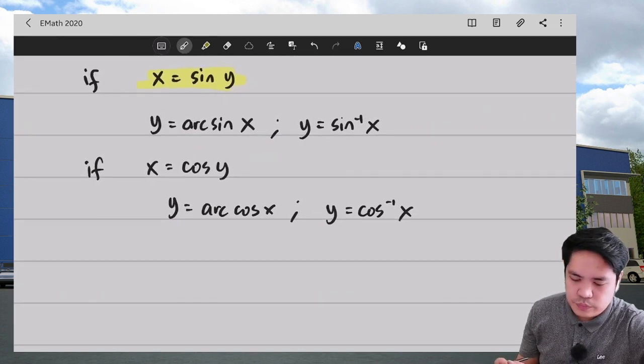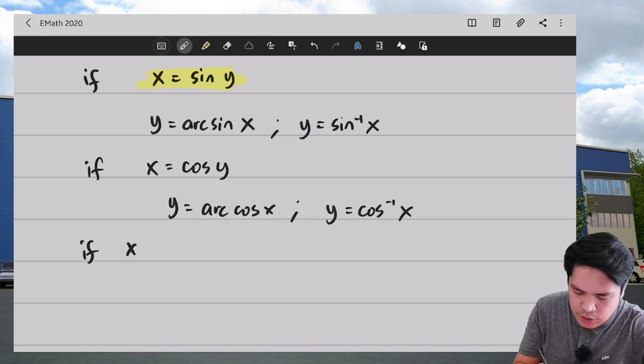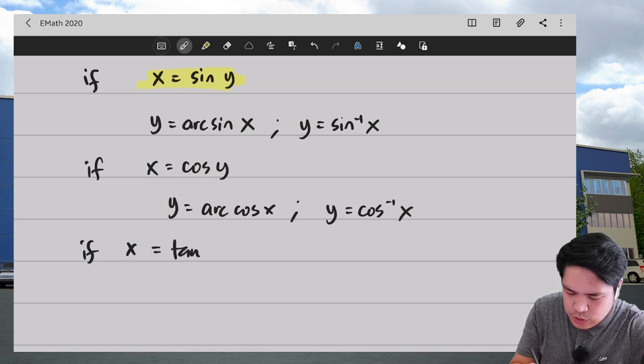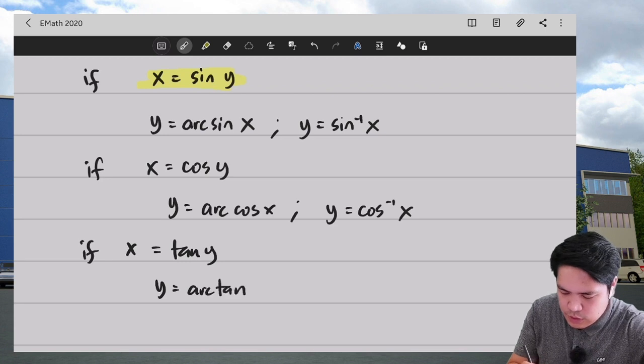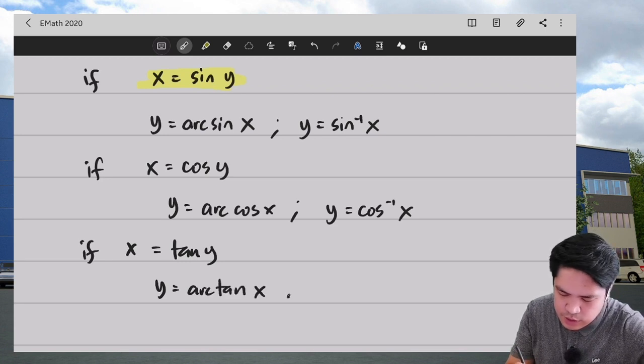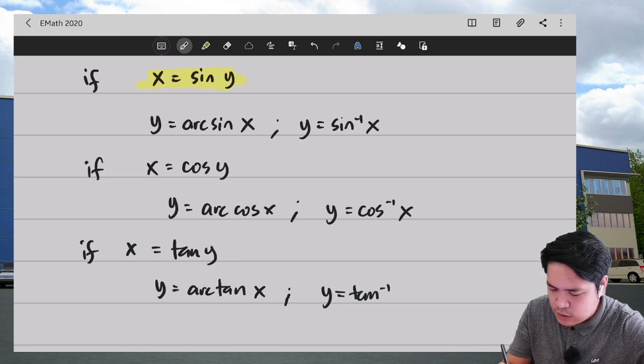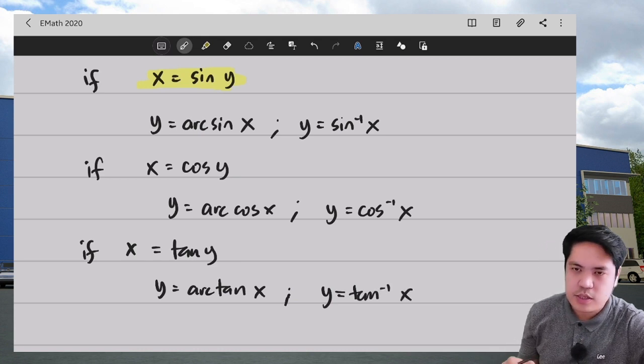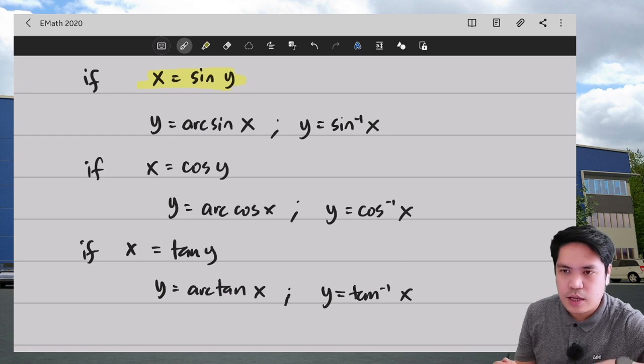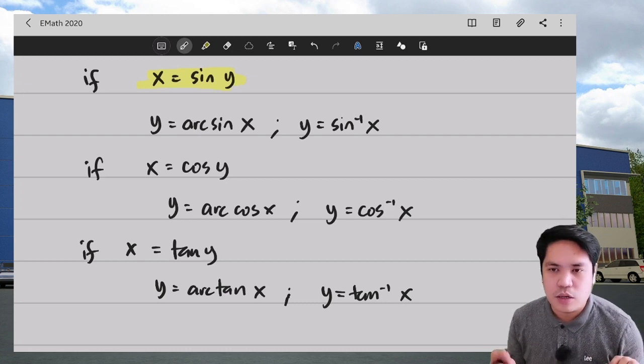Okay, and if we have x is equal to tangent y, the inverse of this is just y is equal to arctan x, or it could be written as arctangent that way of x. So same goes to arcsecant, arccosecant, and arccotangent.